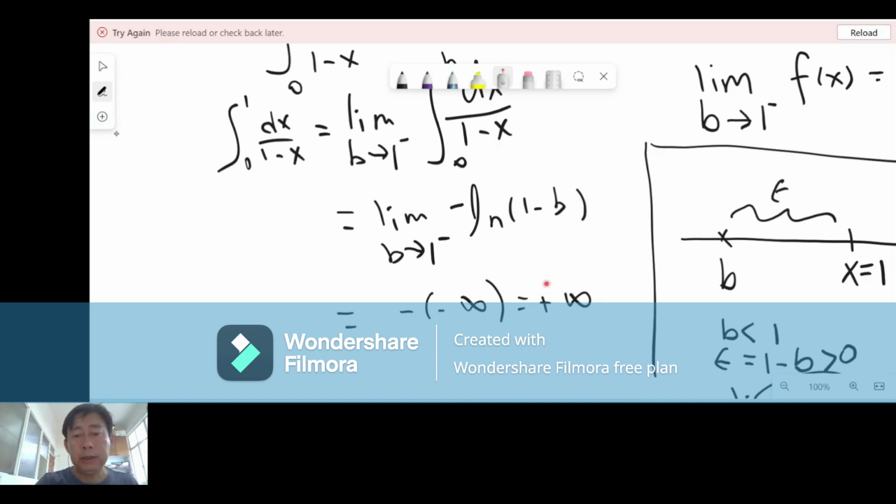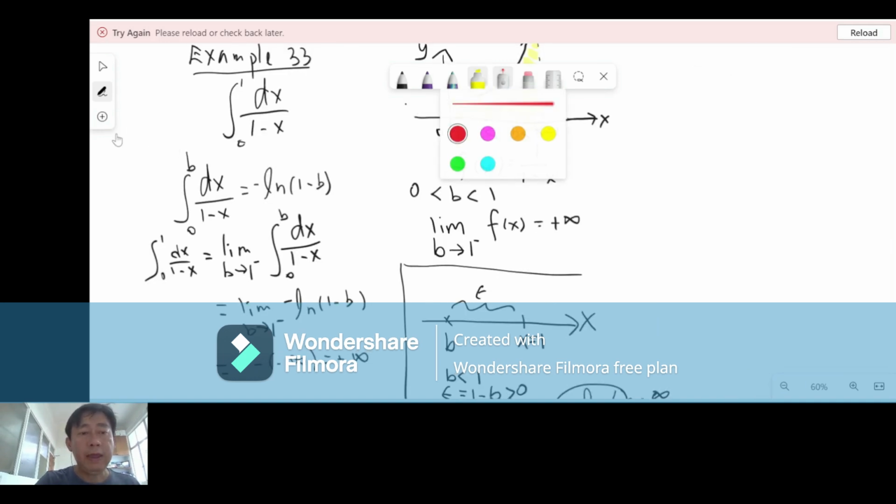This is because the limit of the function log of 1 minus b is divergent when b tends towards 1 from the left. As a conclusion to this video, we have discussed the improper integral of 1 over 1 minus x with limits of 0 and 1. The first step of performing this integration is to replace the upper limit of x equals 1 by a value of b which is less than 1, so that the integral from 0 to b is obtained in terms of log of 1 minus b with a minus sign.